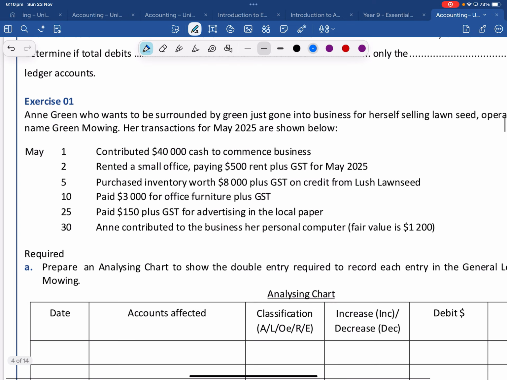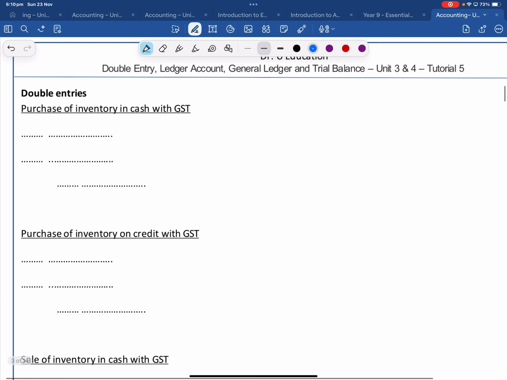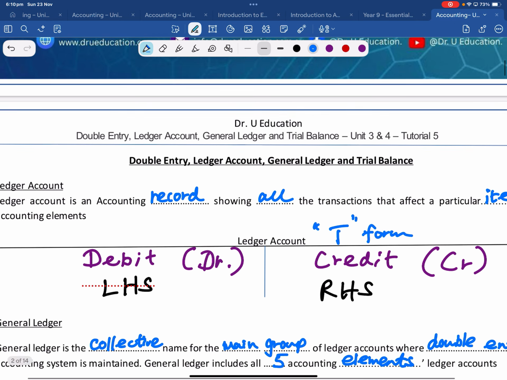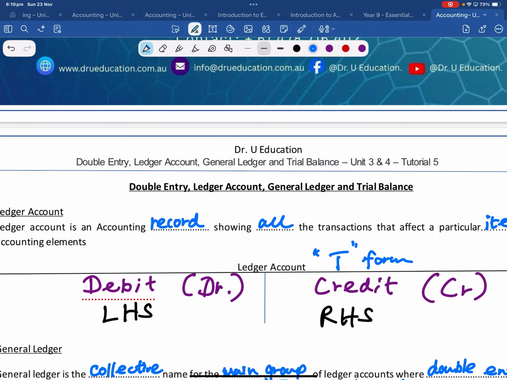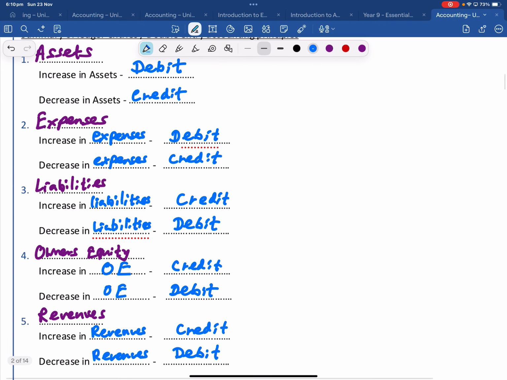So, cash inflows. So just group them, right? Assets and expenses, debit, credit, and then liabilities. So liabilities are basically revenues, credit, AE and LO.